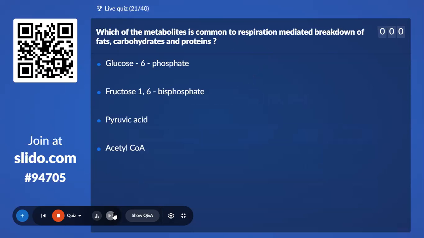21st question on the screen. 20 questions remaining. Which of the following metabolites is common to respiration-mediated breakdown of fats, carbohydrates, and protein?